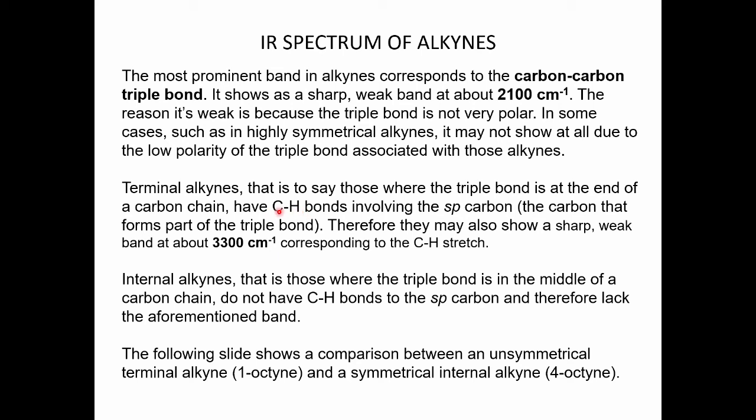Something else to note is that because these hydrogens are on an sp bonded carbon, we should also expect to see a peak above 3300, which corresponds to this carbon-hydrogen stretch. When we're looking at alkynes in the middle of the carbon chain that do not have carbon-hydrogen bonds to the sp carbon, we expect a lack of a band or a peak.